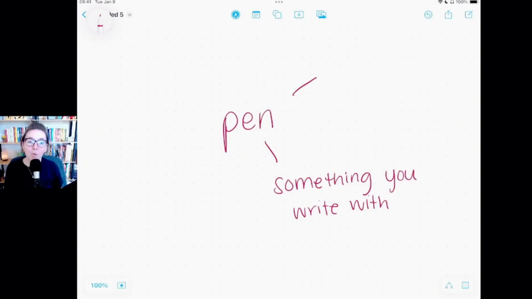This can also be something you do. So if this is a noun, meaning it's a thing, it's also a verb. It's also something you do. You can pen something, which means to write or record or make note of something.